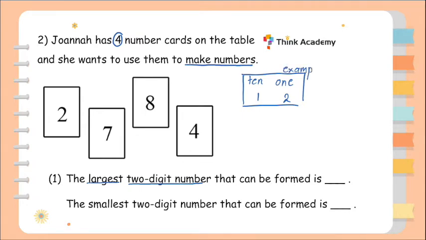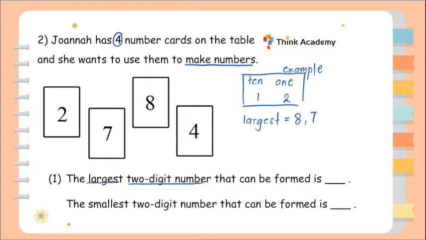For the first one, we're going to make the largest number, so are we going to look for the larger number or the smaller number? We're going to start with the largest. What are the largest numbers from the 4 cards? It's 8, and then we have 7. Now we're going to form the 2-digit number.